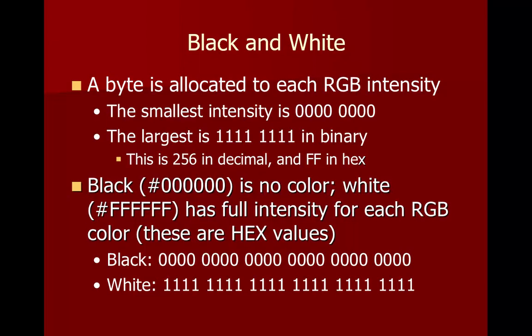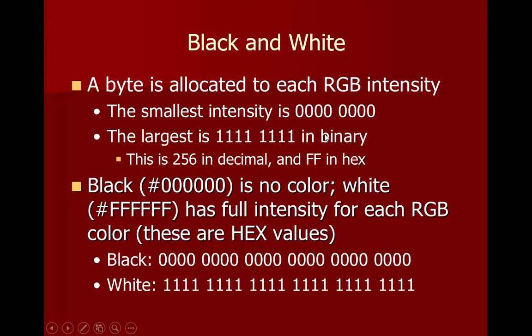Let's talk about black and white for a minute. So if a single byte is allocated to each RGB intensity, then it makes sense that the smallest intensity would be 0. Notice that the way the numbers are displayed here, 0, a group of 4 zeros, and another group of 4 zeros. This is a hex representation. So the largest, in contrast, would be a full group of 1s.